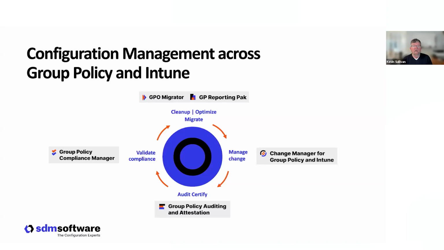And maybe the result of some of that effort is I need to migrate those. And migration isn't just going from point A to point B. Sometimes it's consolidation. Hey, I've got 5 GPOs that seem to do the same thing. Can I create one GPO and make sure that they're targeting correctly, they're linked correctly?